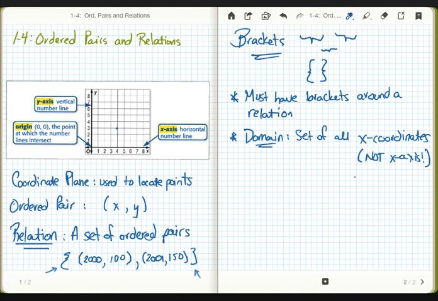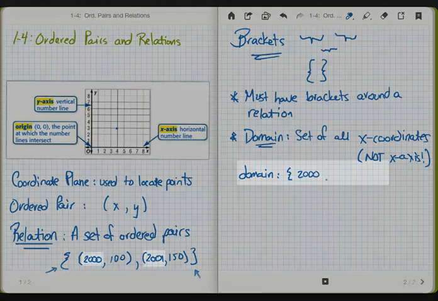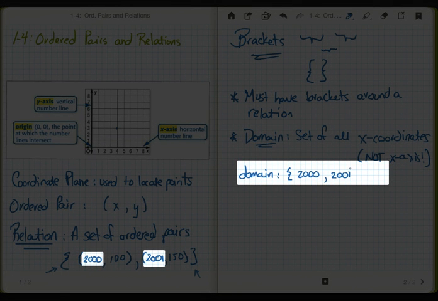So the domain is the set of all x coordinates. Those are the coordinates that happen to be graphed. So in this case, if I were to list the domain, I will use my brackets again. I would say that the numbers 2000 and 2001 were the domain because they represent the x coordinates from my data below.